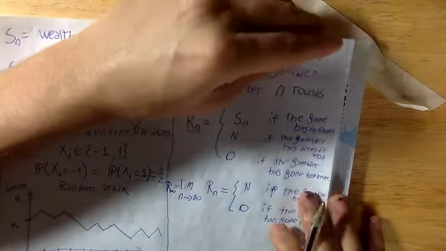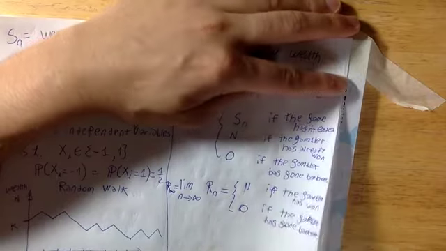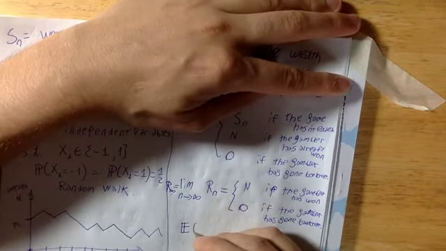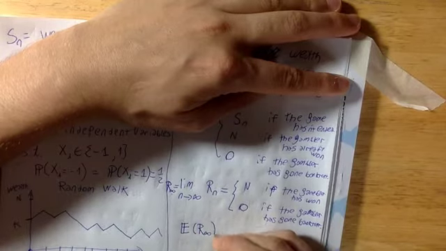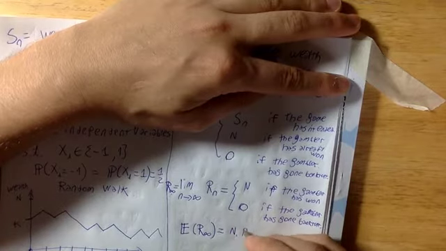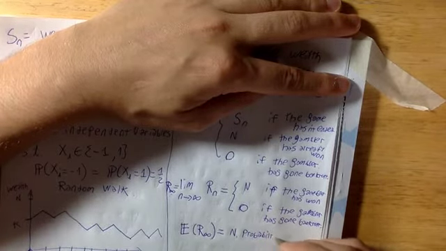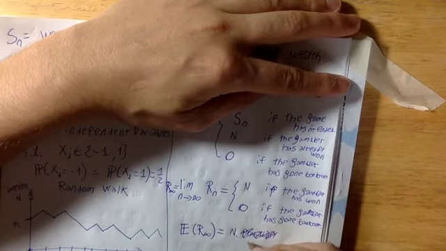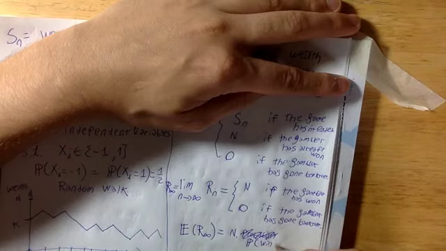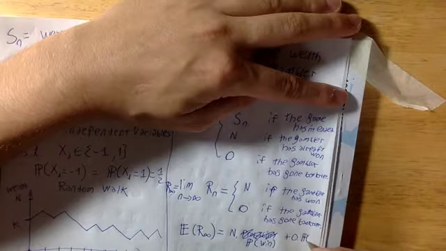Okay, so then what are we going to check? The expectation of R infinity is going to be n times the probability of winning, plus 0 times the probability of losing.